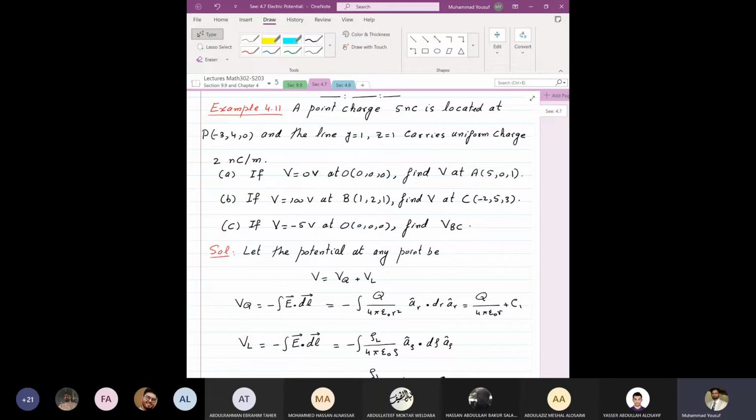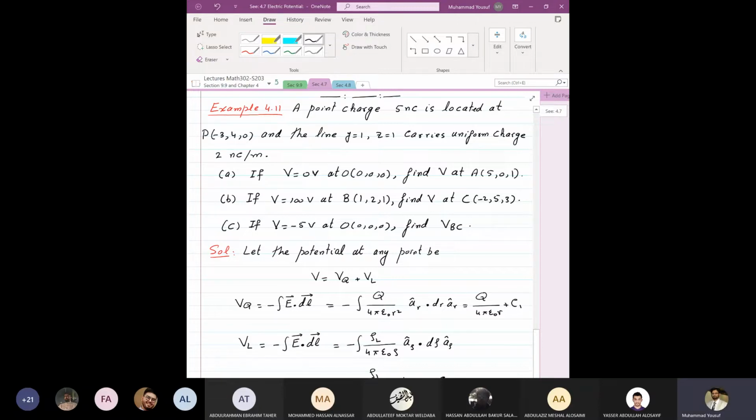So x is going from -infinity to infinity on this line, but whatever point you choose on this line, the value of y will be 1, the value of z will be 1. And there is a charge of 2 nanocoulomb per meter on this line.